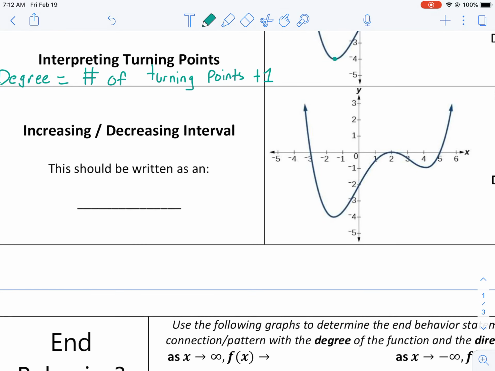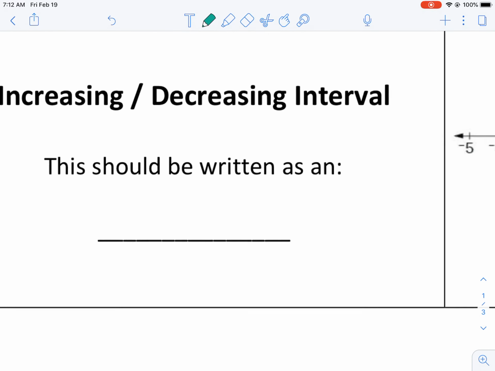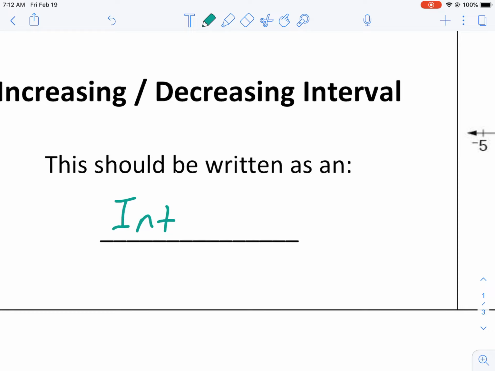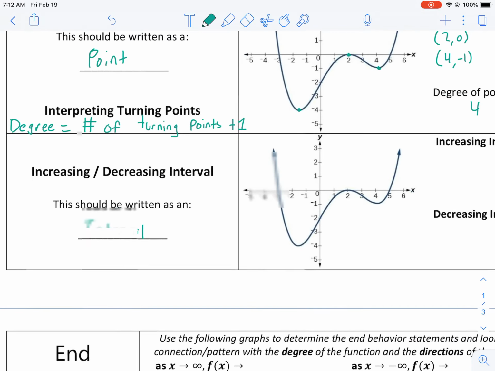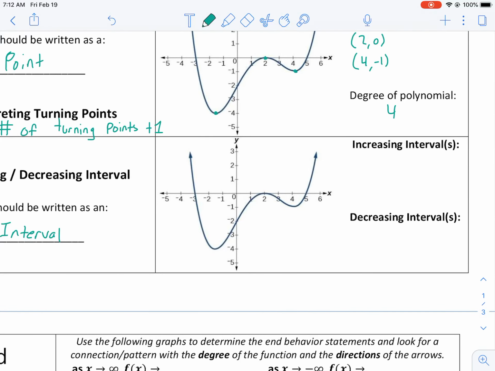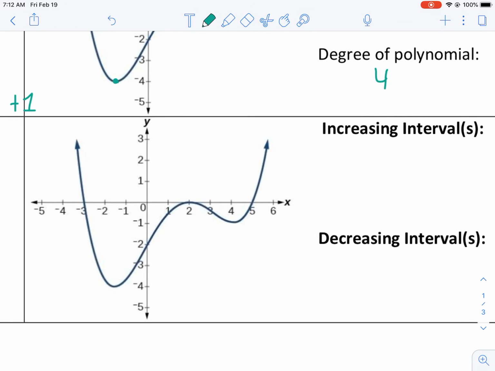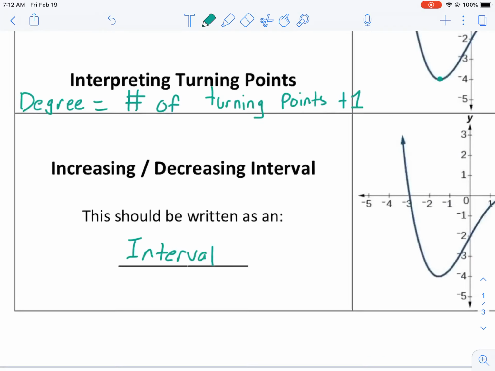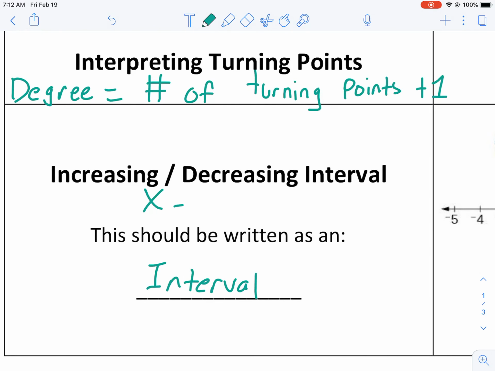And the last thing that we're going to go over is increasing or decreasing intervals. And this should be written as an interval, okay? The spots where they change are the turning points, right? And for the increasing or decreasing interval, by the way, it's x values only.